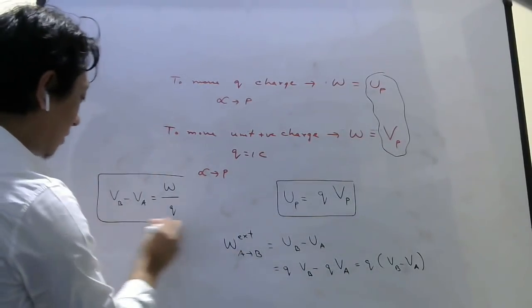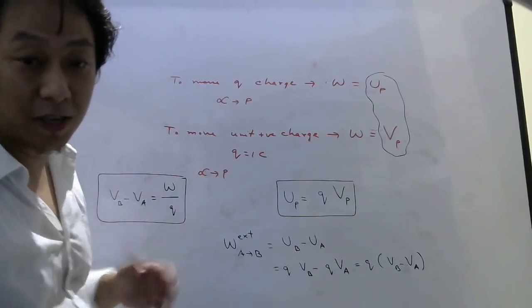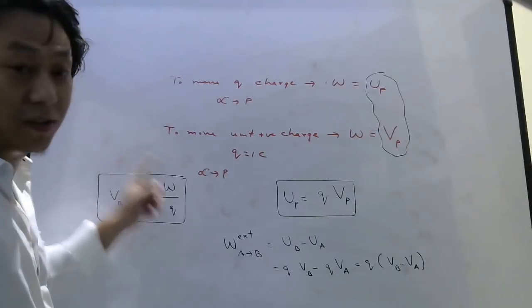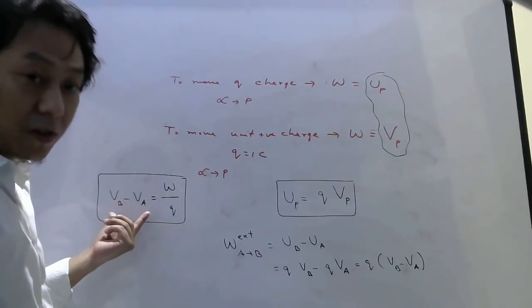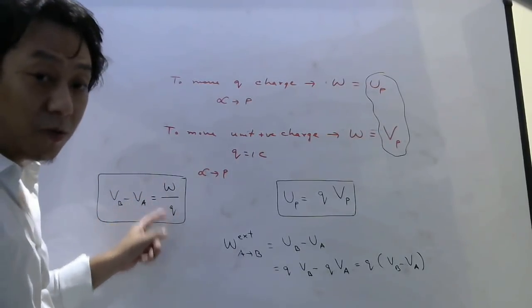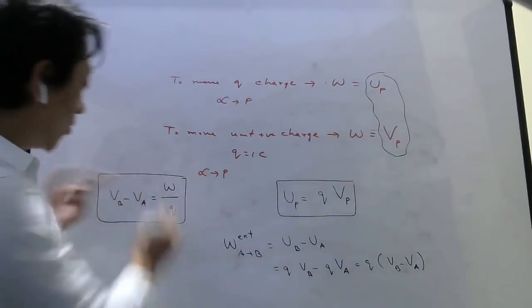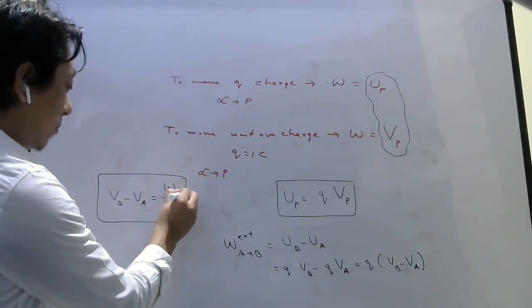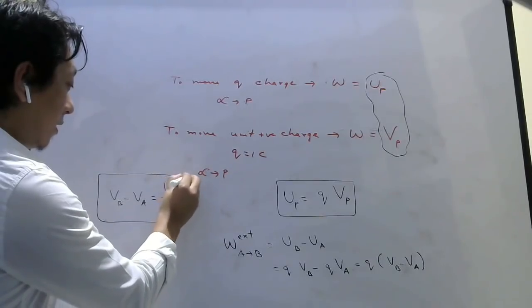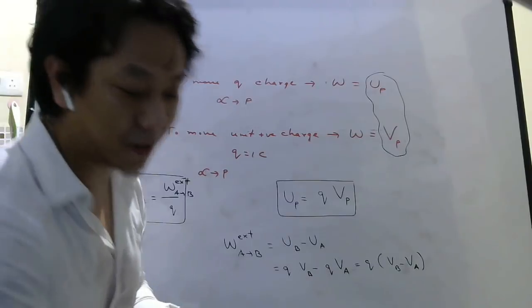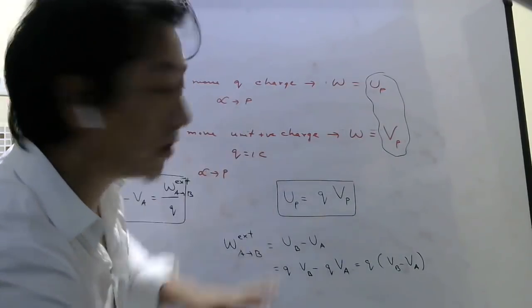So this definition, if you see your class 10 textbooks in the current electricity chapter, you will find this definition. So this is potential difference, which is nothing but work done per unit charge, and it comes from here. And of course, this is work done from A to B by the external force. Against which force? Against electrostatic force. Okay, so please remember this, students.